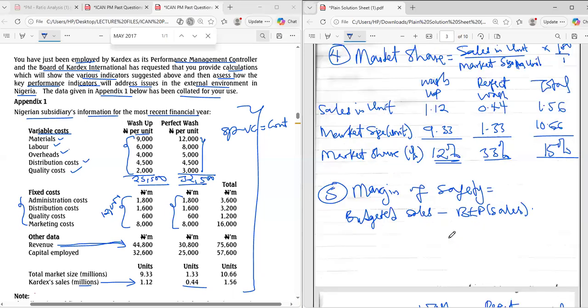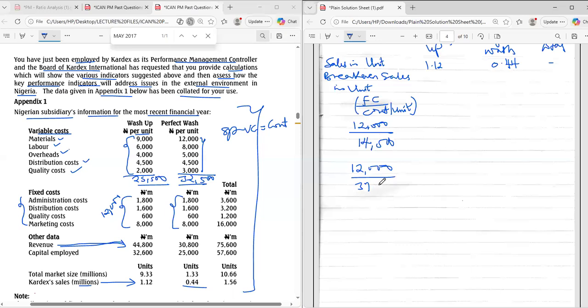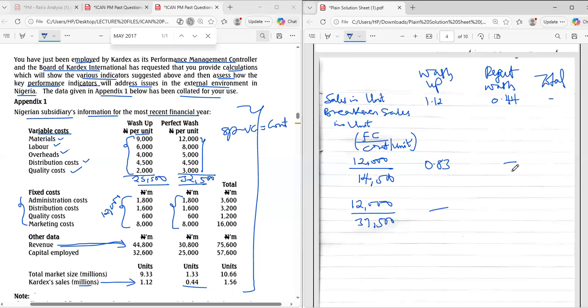Are we multiplying? Is it in percentage? Oh no, it's in units, sorry. 0.83. So this first one is 0.83. Then what about this one? 0.32.